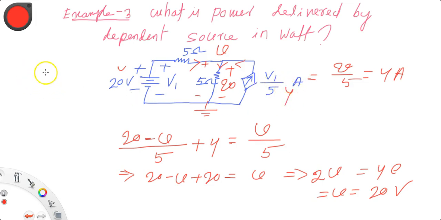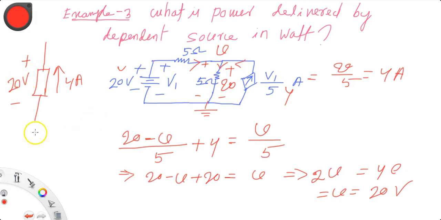Now you go to your conventions. We have current here 4 ampere in this direction, and the voltage is how much? 20 volt.